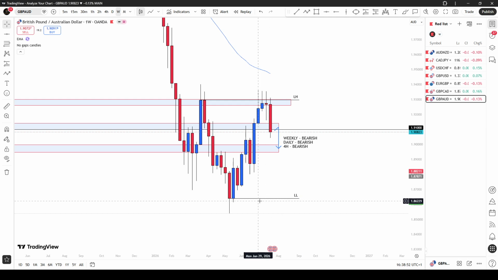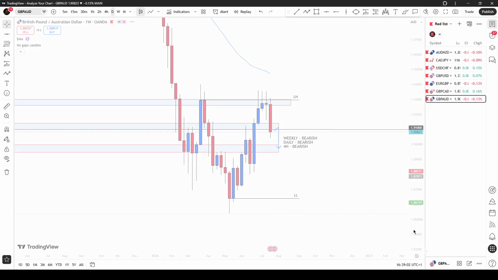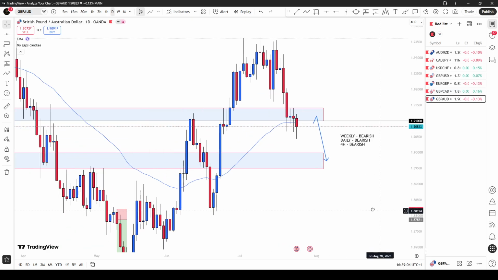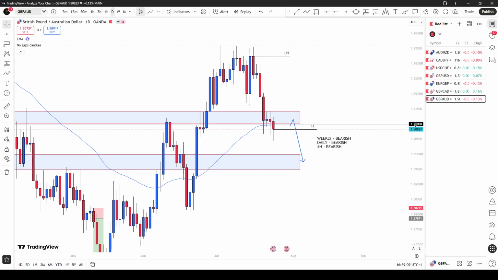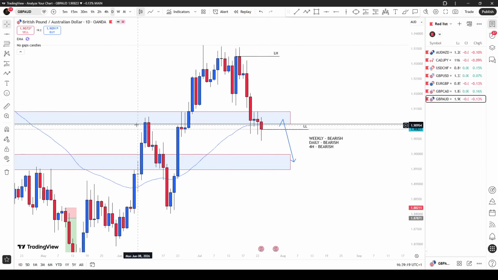I'm not looking to take out this low, so I have to be realistic with my take profit. Once it gives me a pullback here on the daily time frame, it will be a structure. Although right now price has not shown signs of retracement, it just slowed down here. But this zone is a very strong zone.